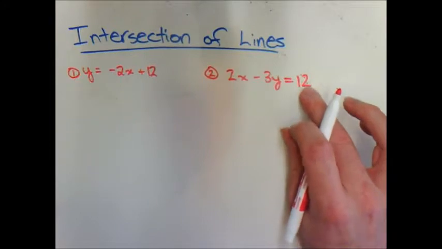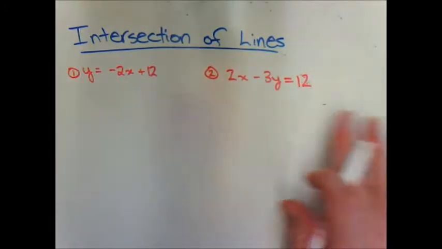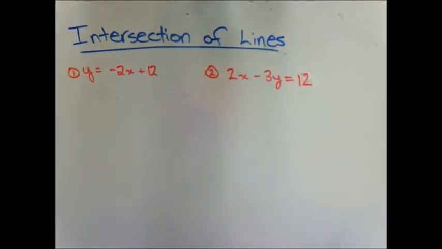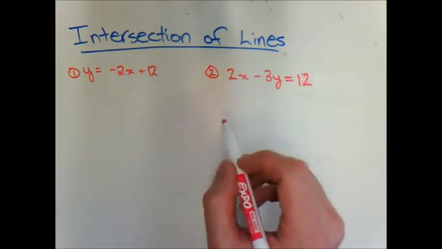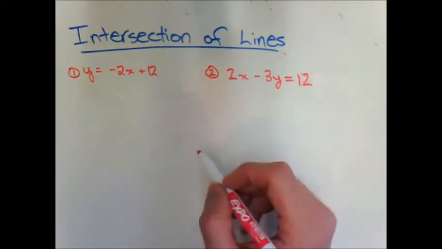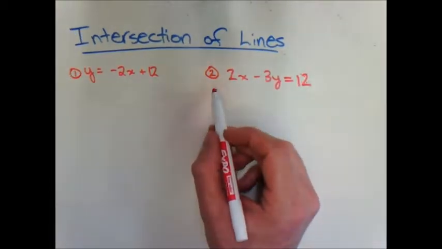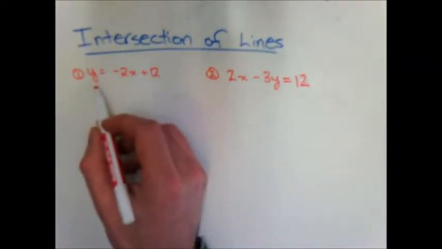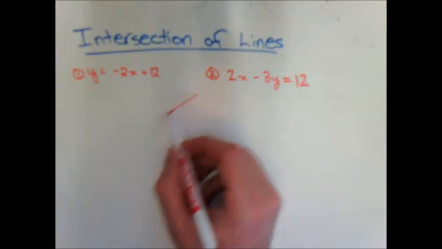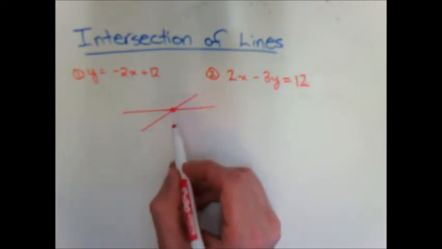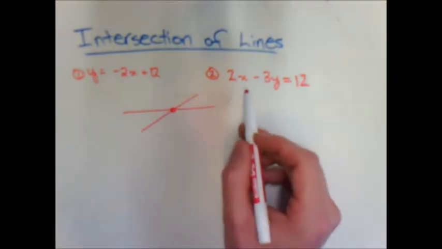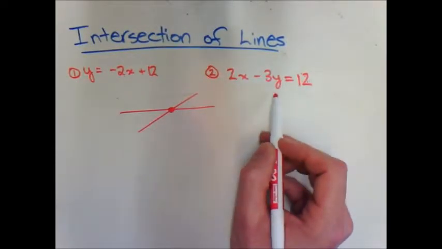Now this is not in standard form, but it's pretty close. And I could take a couple of approaches. I could rearrange the equations so that I can use elimination to eliminate a variable, or I could simply say, okay, I have equation 2 here. I know what y equals, and at the point where they intersect, the y from equation 1 must be the exact same y as the y from equation 2.